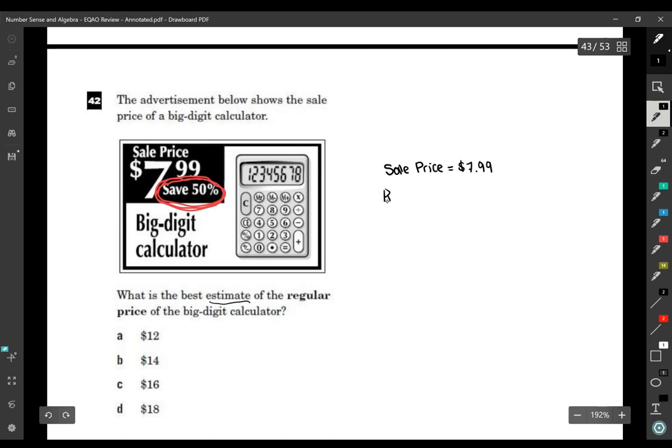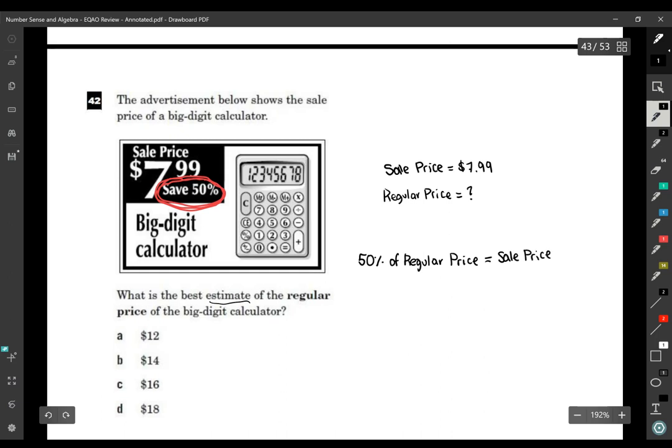The regular price, we don't know. That's our unknown. But we do know that our sale price is 50% of our regular price. So 50% of regular is equal to our sale price.